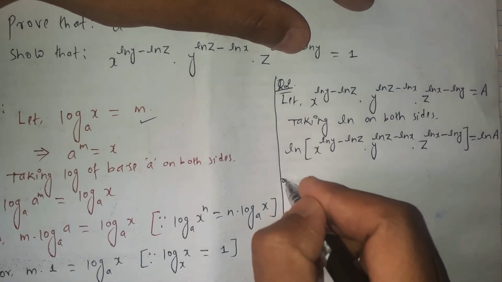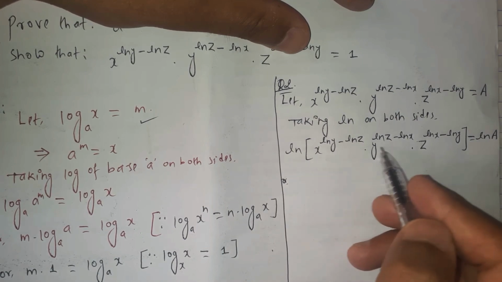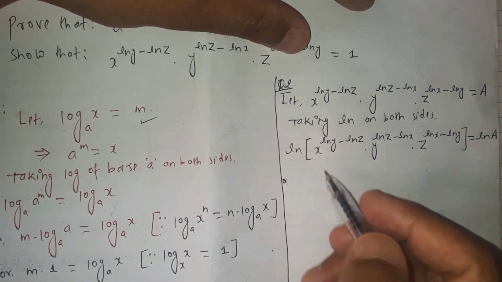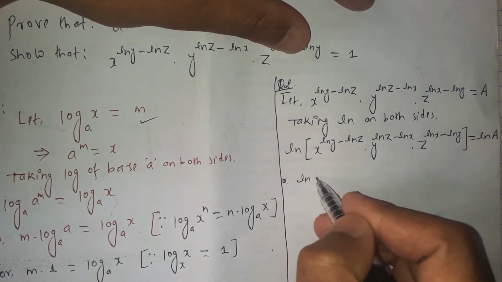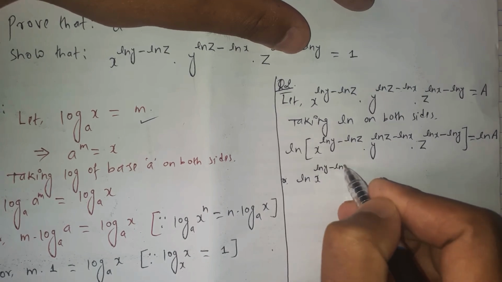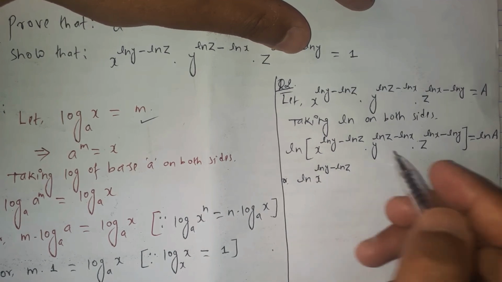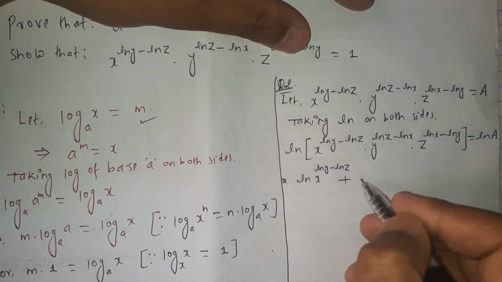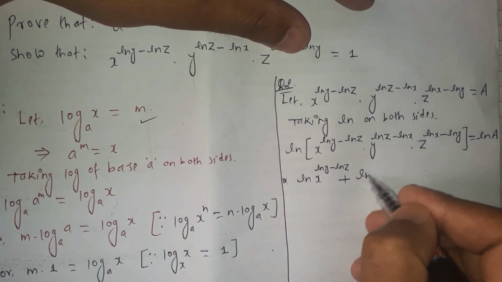This can be further written as follows. Here the three numbers are in product form, so we can use the product law of the logarithm. This can be written as ln of x to the power (ln y minus ln z), plus, in the product case we put a plus and the ln of the second number.